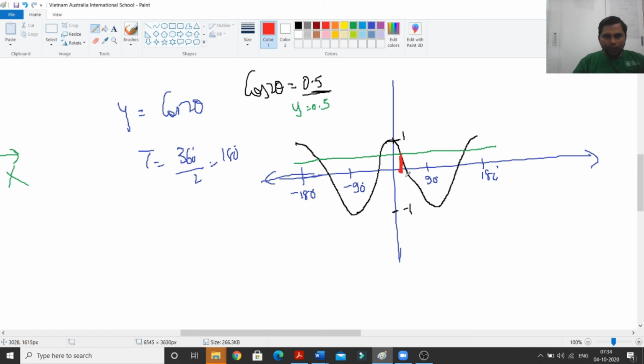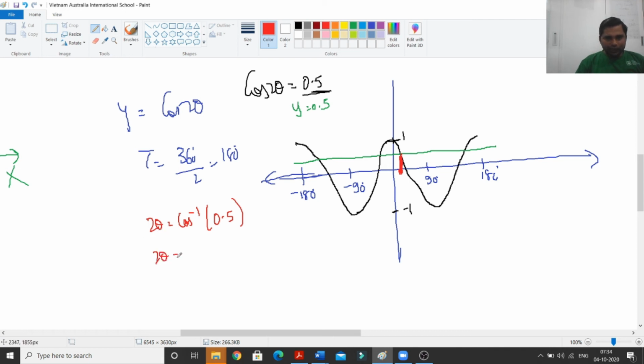So how we can find out this particular point? So we'll use the calculator to find out the intersection point. So if you find out the intersection point using the calculator, cos 2 theta is equal to 0.5, so you need to do cos 2 theta is equal to cos inverse of 0.5. First value you need to get it like that, right?